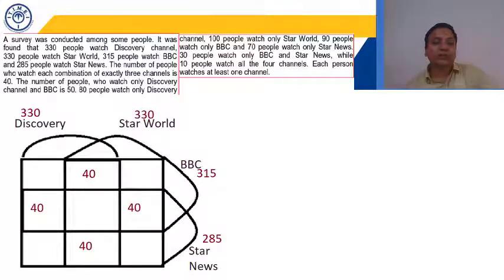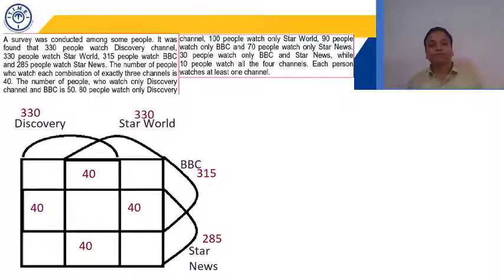And this fourth 40 is outside Star World. It comes under Discovery, BBC, and Star News. I'm reading the statement back again: the number of people who watch each combination of exactly 3 channels is 40. So each means all three regions, any combination is 40.